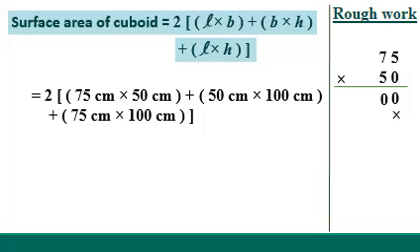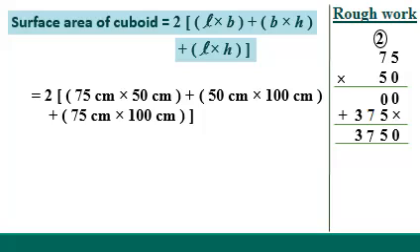Now 5 times 5 is 25, so 5 will be written below 0 and 2 will be taken as carry like this. 7 times 5 is 35, and 35 plus carry, which means 35 plus 2 will give us 37. And now we are going to add them. 0 will be copied as it is. 5 plus 0 will give us 5. 7 will be written as it is. 3 will be copied as it is. So this is the product of 75 and 50.